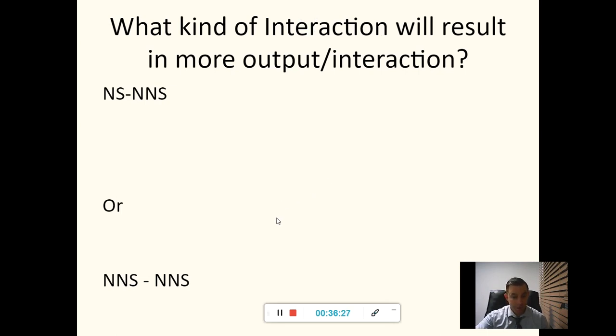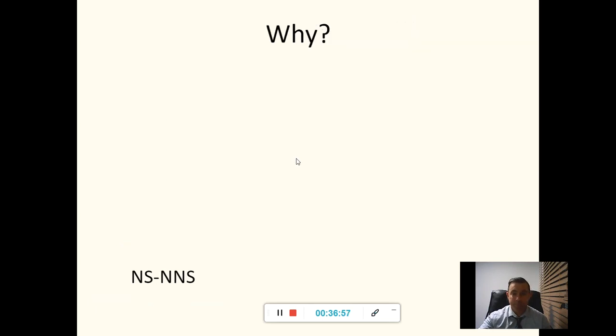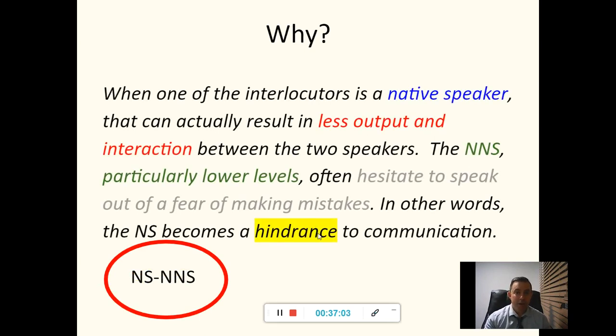All right, everybody's thinking, and ding. Okay, so this is according to research that shows, and you could even think of it intuitively, like if you've been around other non-native speakers using English, if you've been around native speakers using English, particularly at the lower level of proficiency, sometimes a native speaker is not really helping. Why? Well, when one of the interlocutors, that's just the people talking, right?